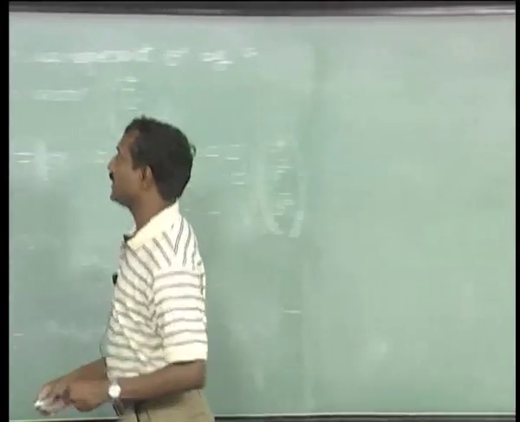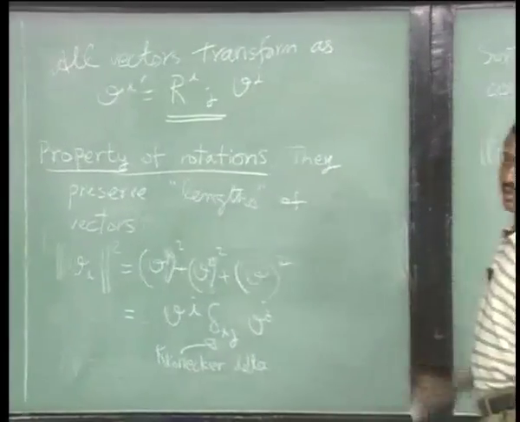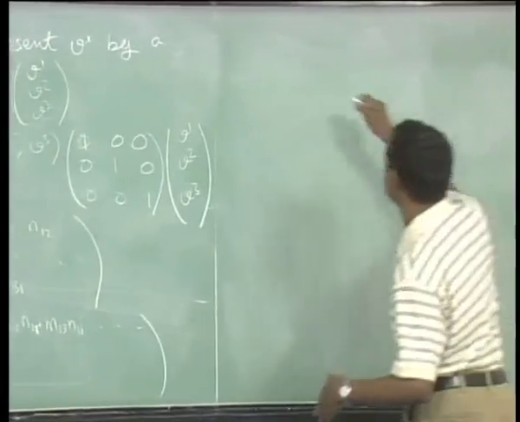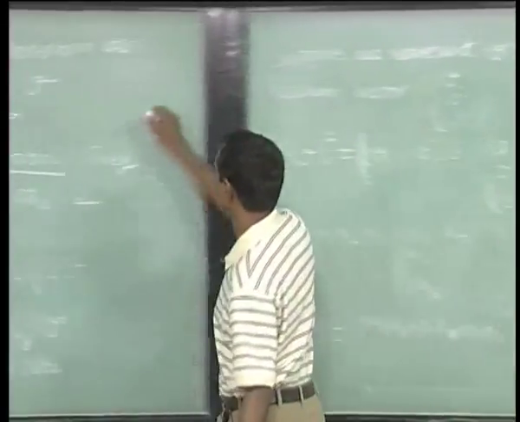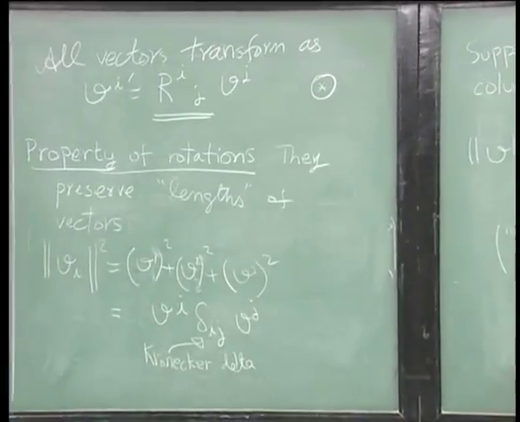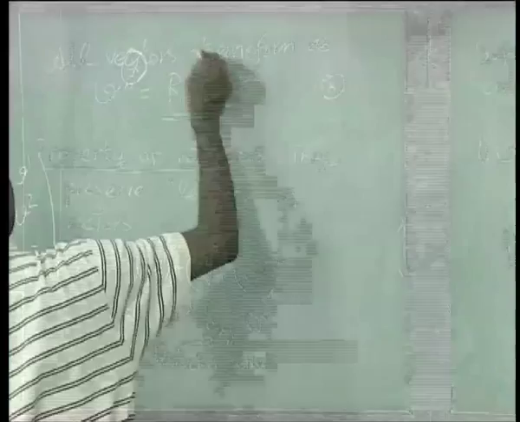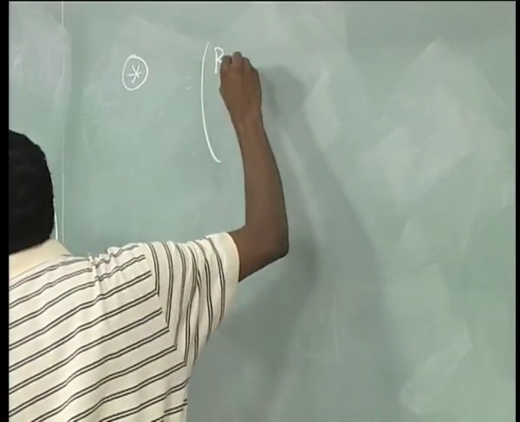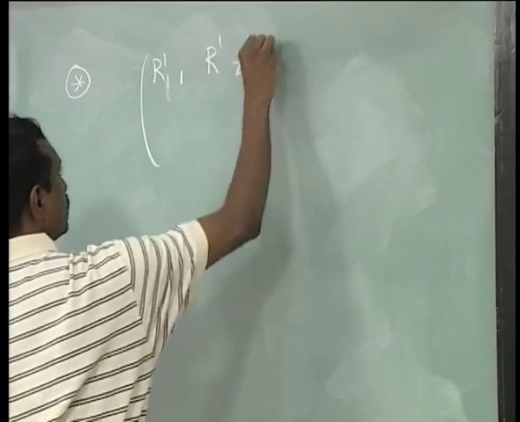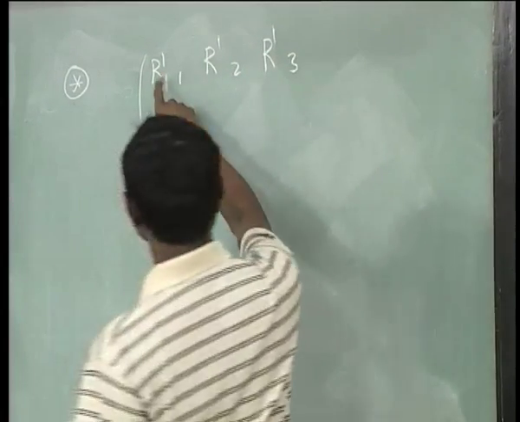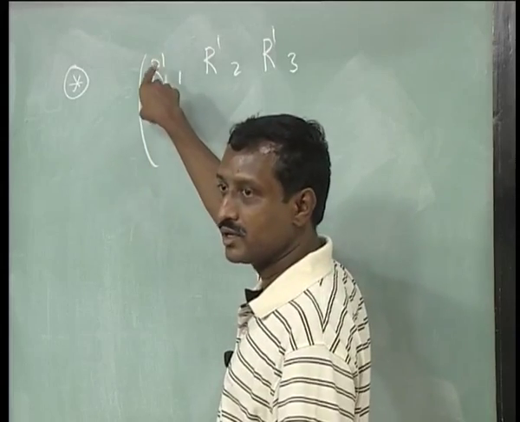So now we can also go ahead and ask how this looks, and this is nothing but, so we could write that equation. Let us call this equation star again. Star can be written again as simple matrix multiplication. So it is just R11, R12, R13, and look at the indentation, it tells you which is the row and which is the column.